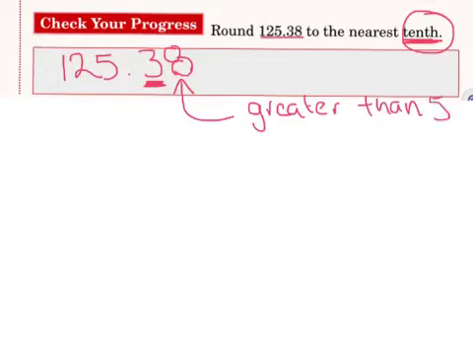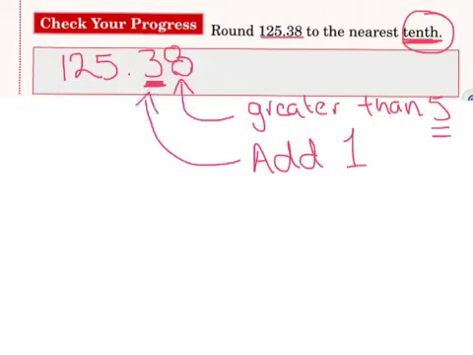So what am I going to do if the number is greater than 5? I am going to add 1 to the number that I'm rounding. So your answer should be 125.4. That's what you should have.